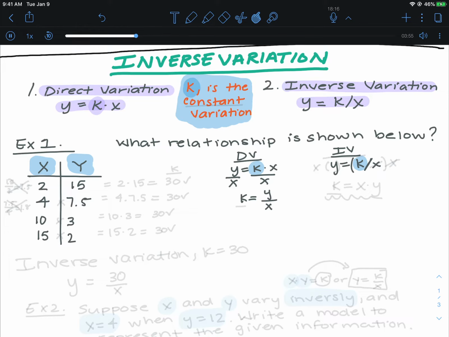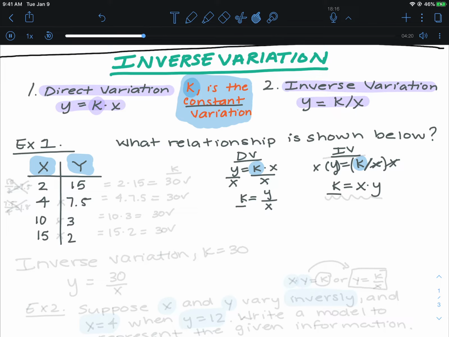So I would multiply by x. That way this cancels out, and what I do to one side, I do to the other. So if I wanted to find k, I would just multiply x times y, right? So we're going to have to play with x and y and see which one gives me a constant k. Now notice that this is constant. That means that the k value cannot change. It has to stay the same every single time.